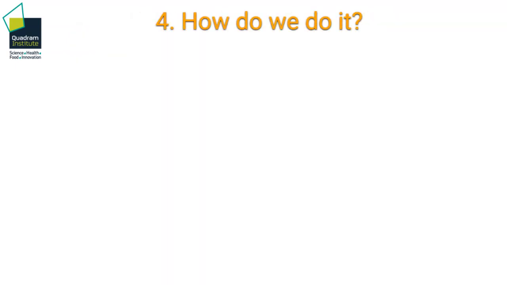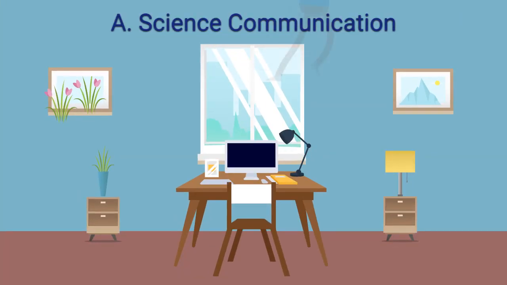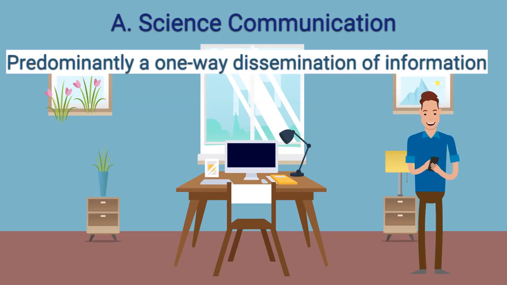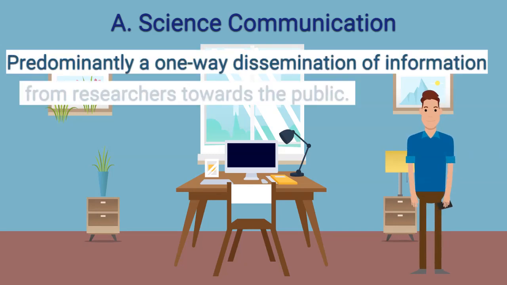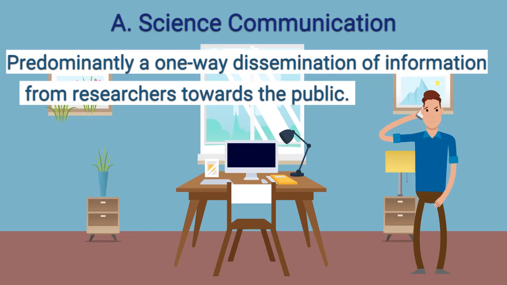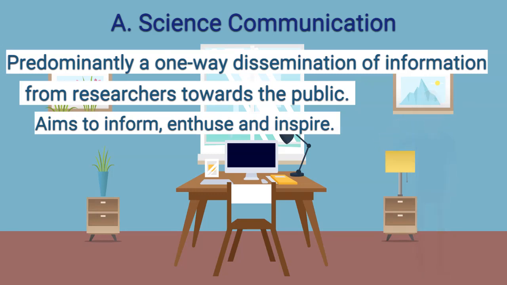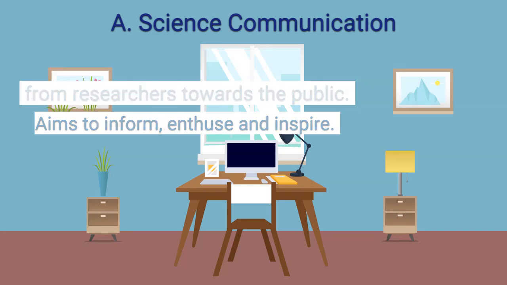What are the different methods that we can use? Science communication is primarily a one-way process, although there may be some limited opportunities for discussion. It aims to inform, infuse, and inspire. Science communication might involve disseminating the outcomes, outputs, and processes of research to raise awareness or promote understanding.